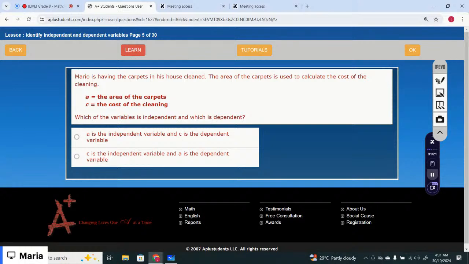The correct option is the cost is dependent on the area, right? So area is independent and cost is dependent. Option number one is the correct option.